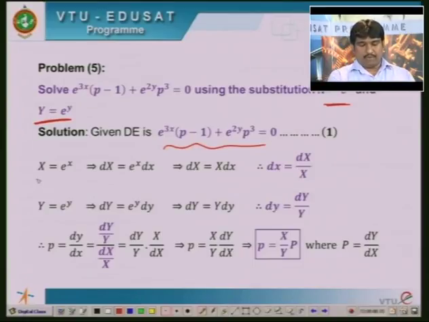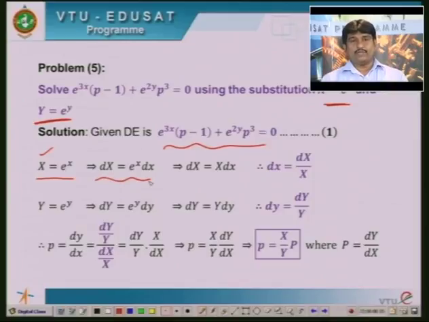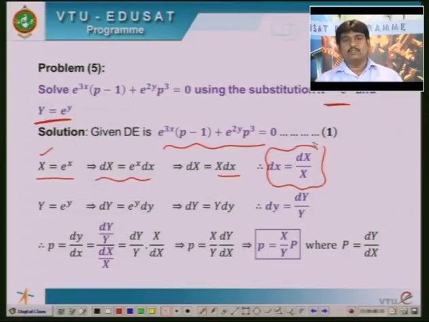Now the substitution is capital X equals e to the power of small x, that is, new variable X equals e to the power of old independent variable x. Now the differential of this is dX equals e to the power of x into dx. Ultimately I am converting everything in terms of capital X, so d small x equals d capital X divided by capital X. Same thing with respect to the dependent variable y.